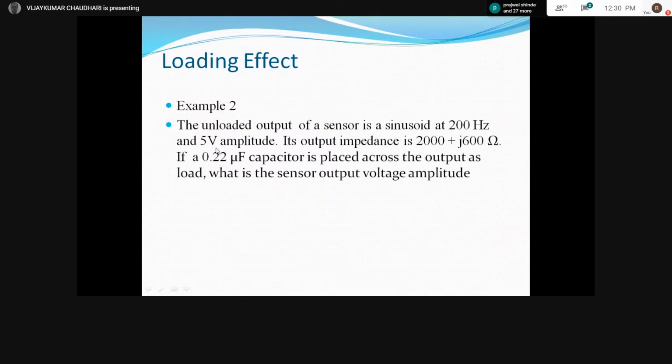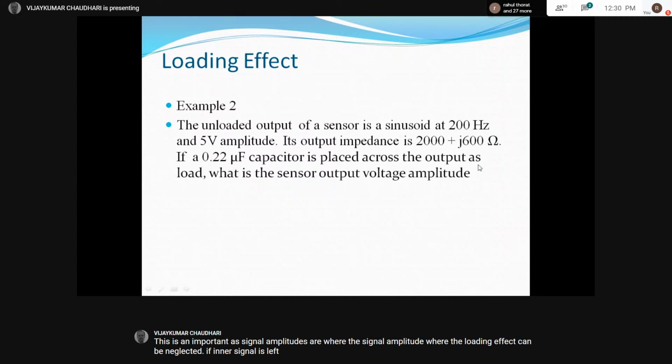Output voltage amplitude is 5 volts and frequency is 200 hertz, and the output impedance of the sensor is 2000 plus j600. It's an AC circuit, the output is AC. A capacitor of 0.22 microfarad is placed across the output.